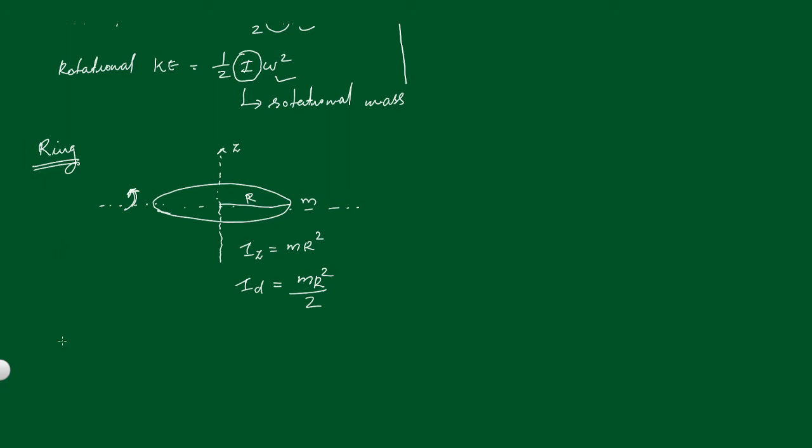In general, the expression for moment of inertia is I equal to summation m_i r_i square. This is for the discrete case. Another expression is I equal to integral dm r perpendicular square. It is for a continuous body.